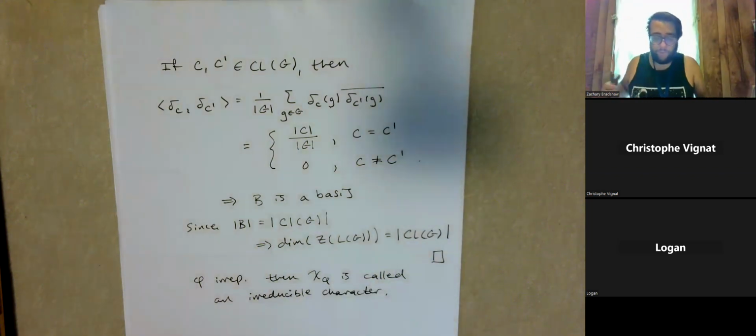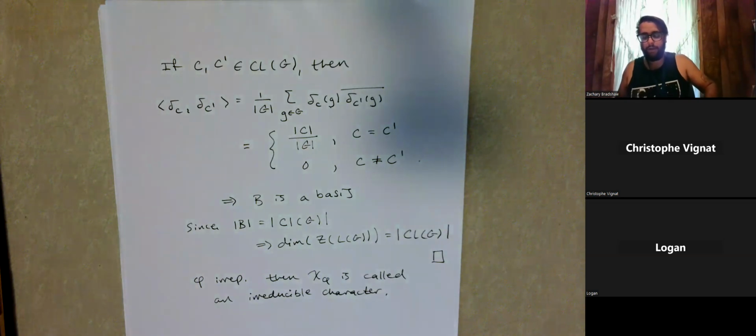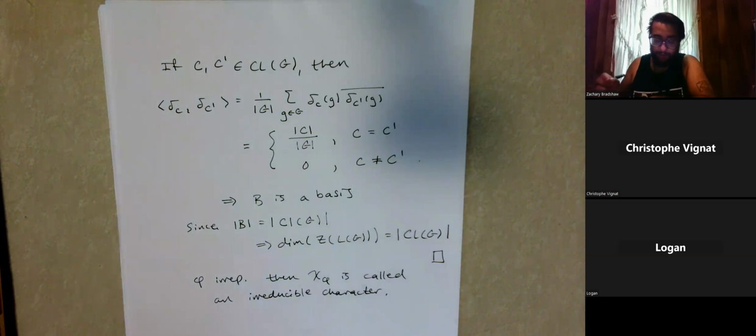So the next theorem shows that the irreducible characters form an orthonormal set of class functions. And we're going to use this to establish the uniqueness of the decomposition of a representation into irreducible constituents, and to compute exactly the number of equivalence classes of irreducible representations.